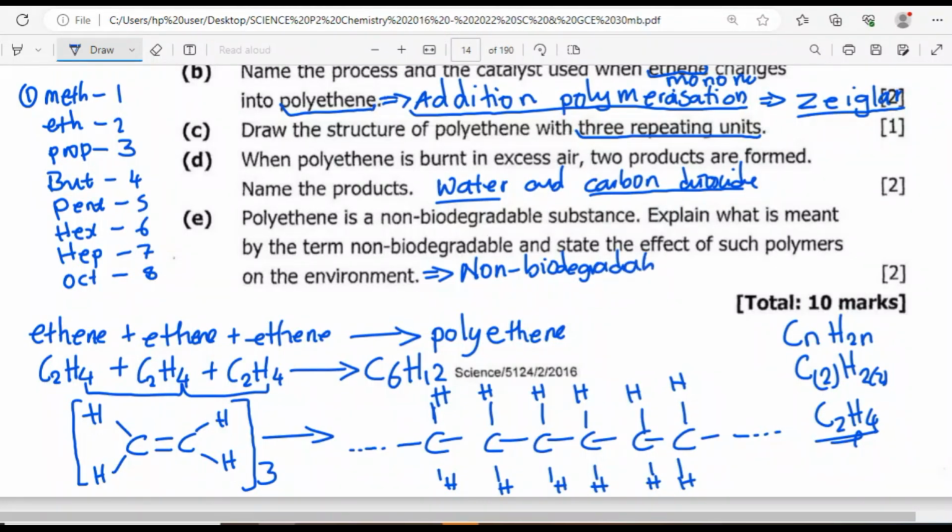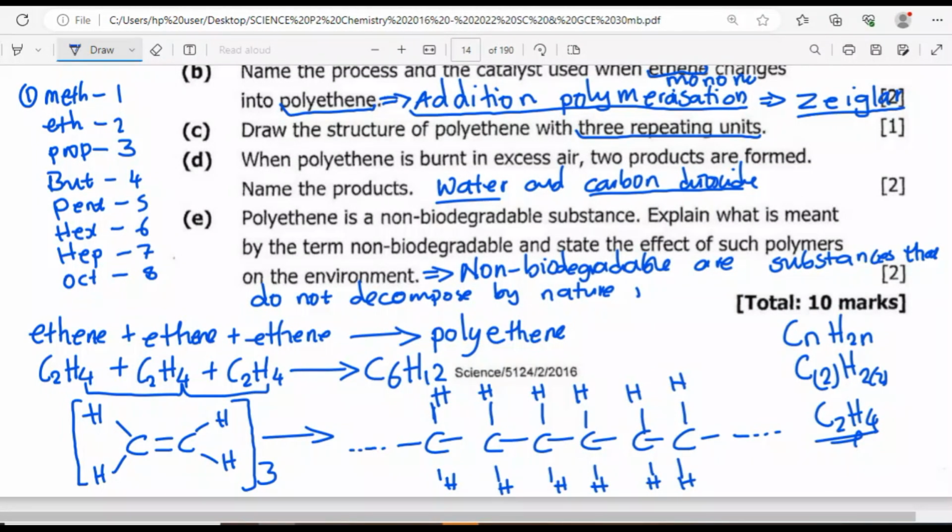So these are, we'll just say, substances that do not decompose by natural means.